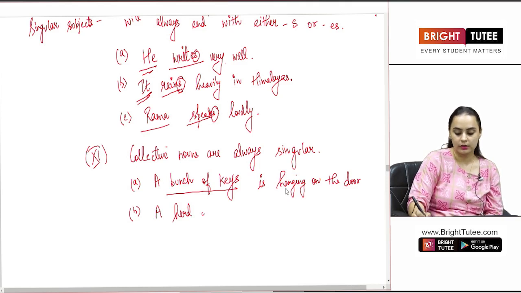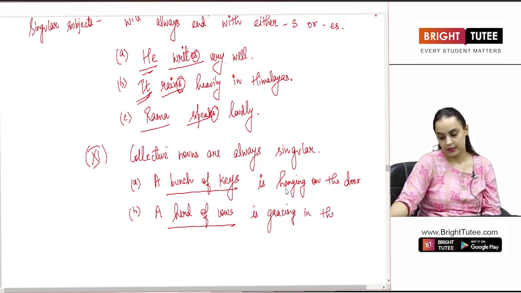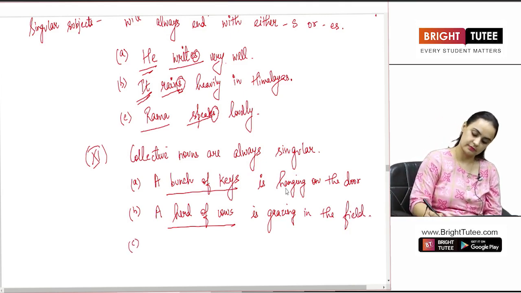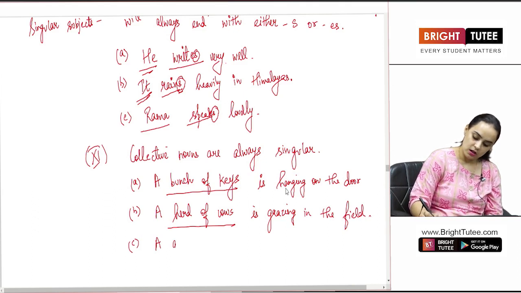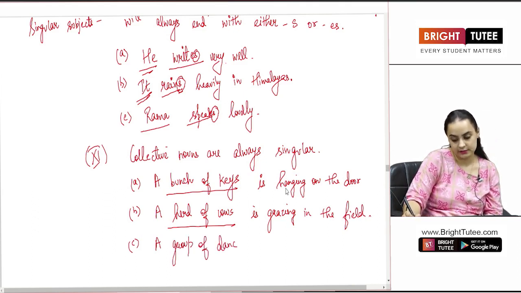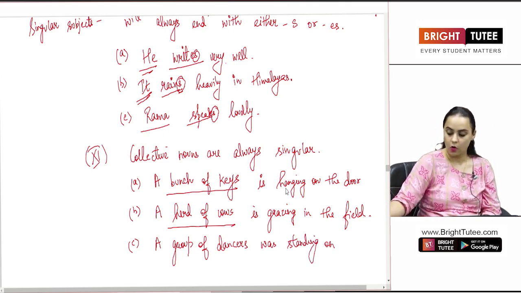A herd of cows is grazing in the field. A group of dancers was standing on the stage.